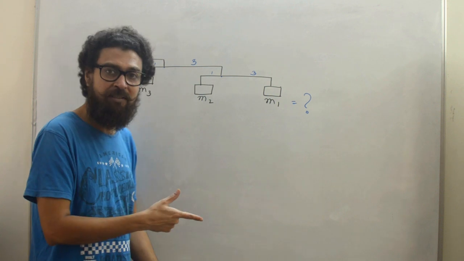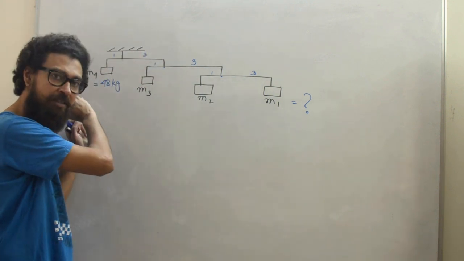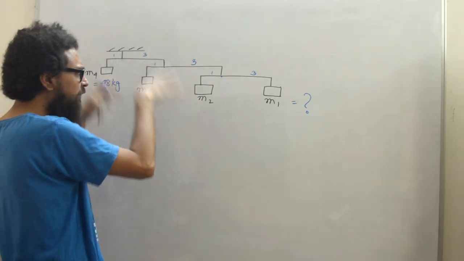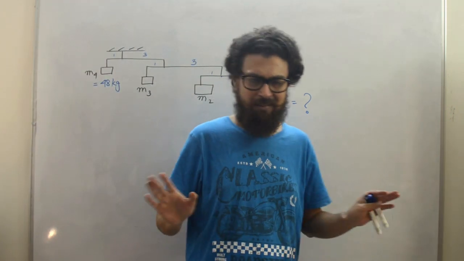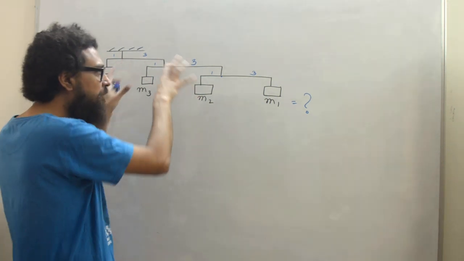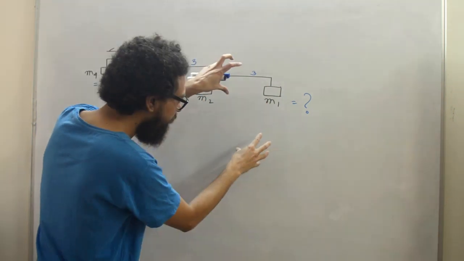Now, two types of equilibrium. One is translatory equilibrium. There is no scope of translation because it is held fixed through some rigid support. Great. So I can say whatever vertical weights are there, the net tension in the string will be that. That is fine. But the next thing is rotational equilibrium. So none of them are exhibiting any rotational motion.